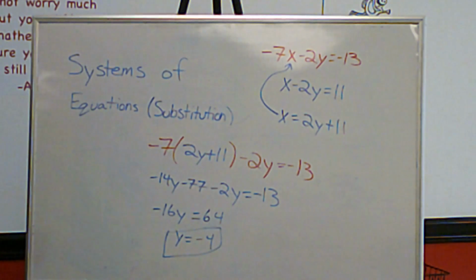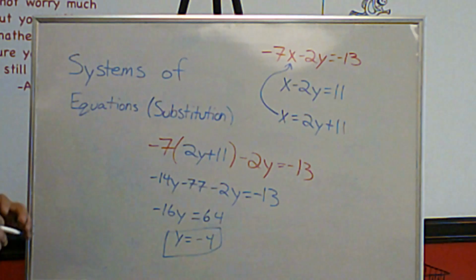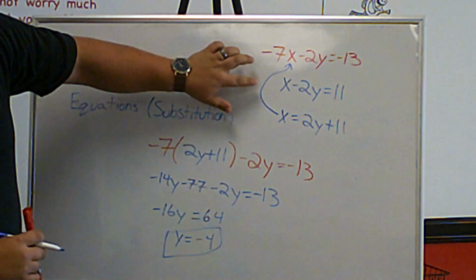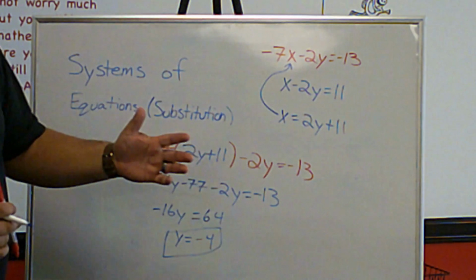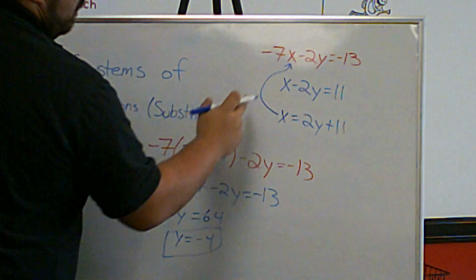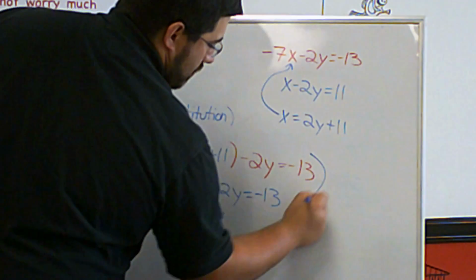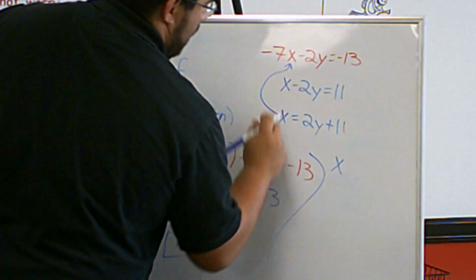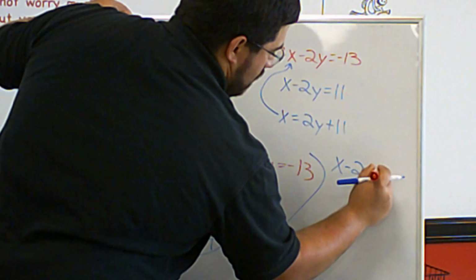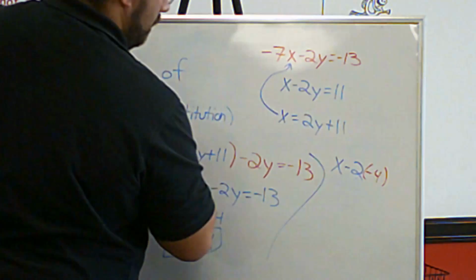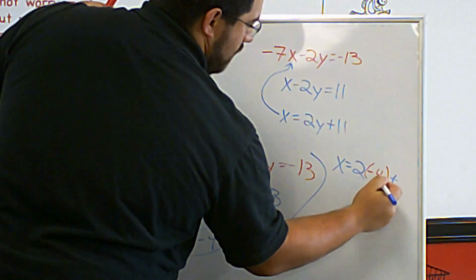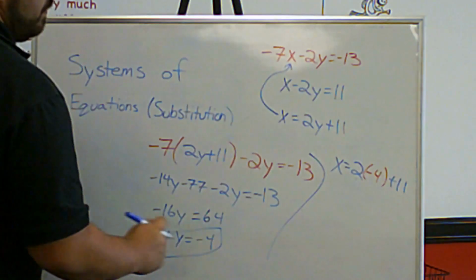Okay, so that's one of the variables that we have here. Now that we have the y, we can go ahead and plug this y back into any equation we want and solve for x. So here, I'm just going to plug it back into this equation again. So x equals 2 times negative 4 plus 11.